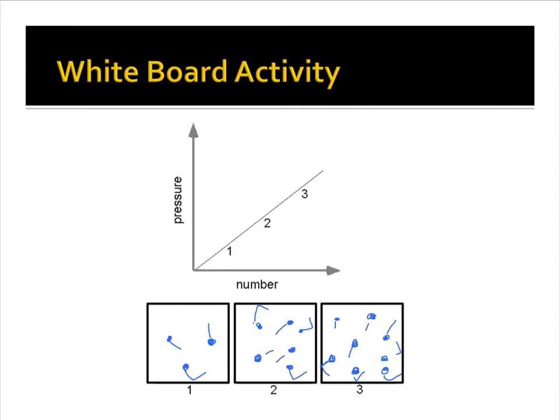So in a particle diagram, pressure is shown by collisions, so the little bounce. This point right here is the pressure.